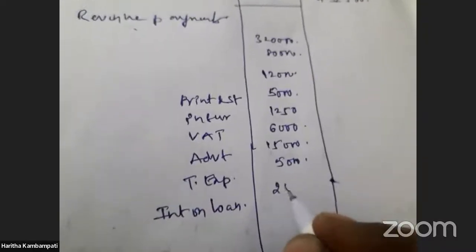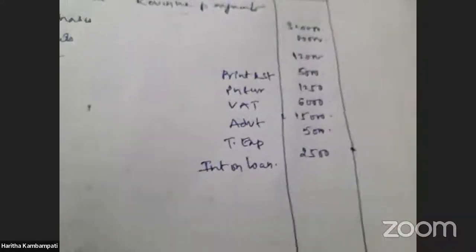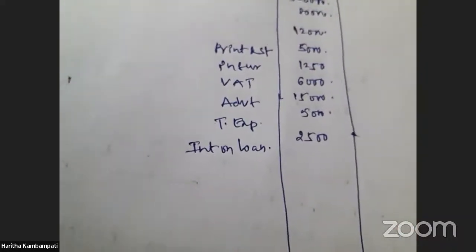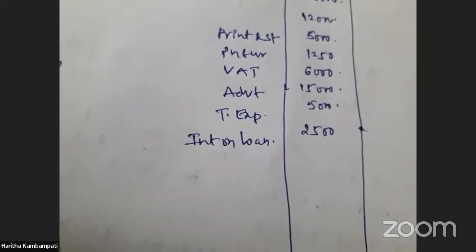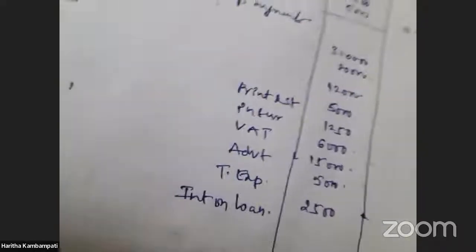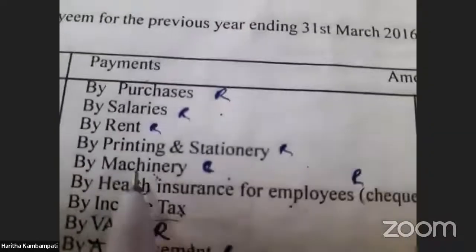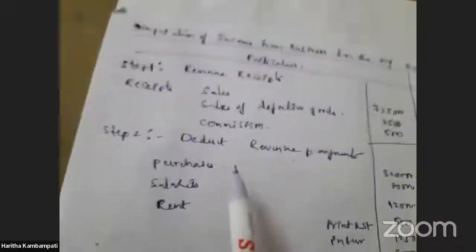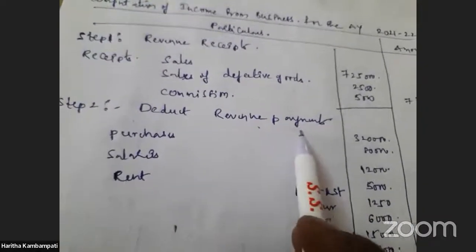That is 2,500. In the question, machinery is given. We consider it a capital payment. That's why we haven't taken it in the revenue payments. But in step 3, we are going to make some adjustment for that.